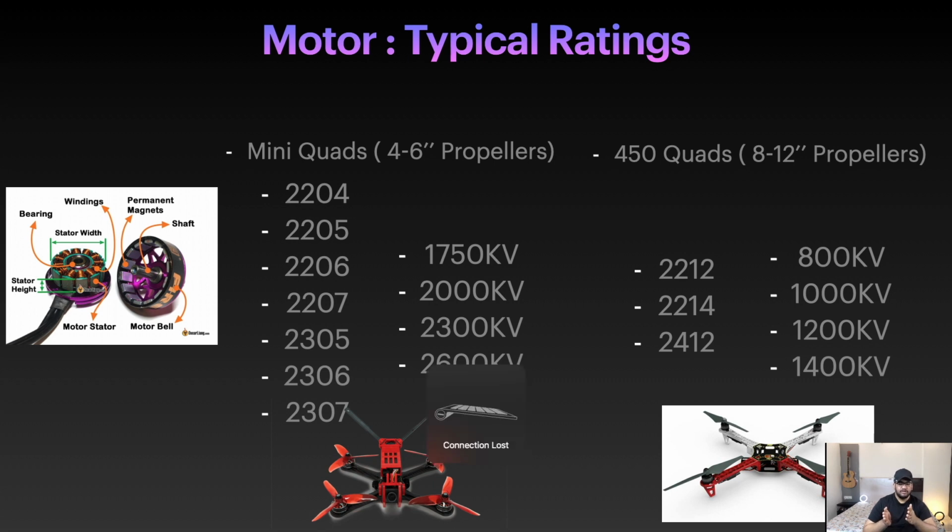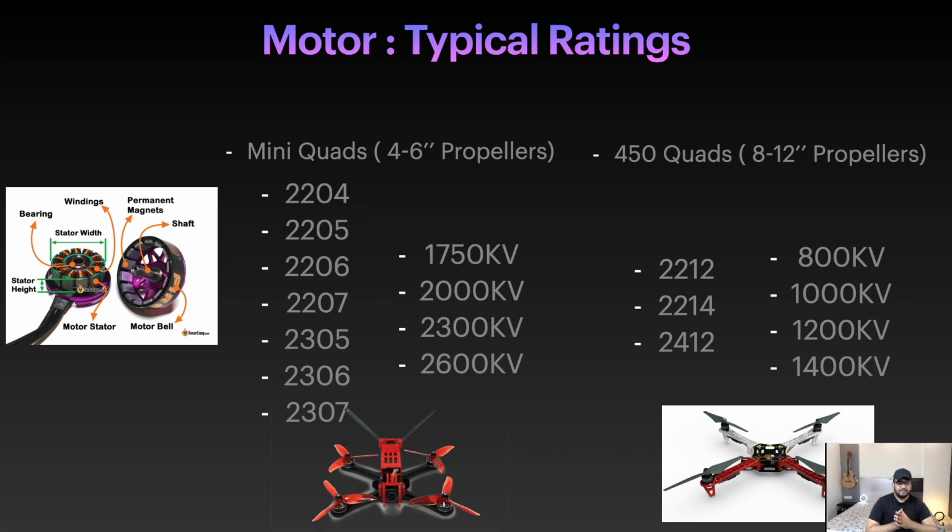So 2204 means 22 millimeter width and 4 millimeter height. So 2204, 2205, 2206, 2207, 2305, 2306, 2307. These are the common motors for a 4 to 6 inch propeller. And in terms of kV, you have 1750 kV, 2000 kV, 2300 and 2600.